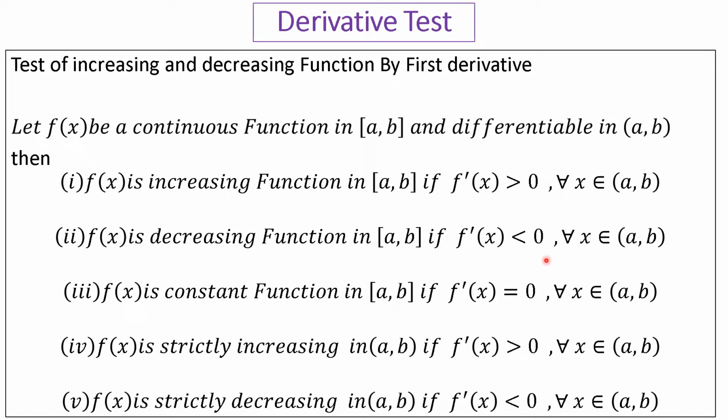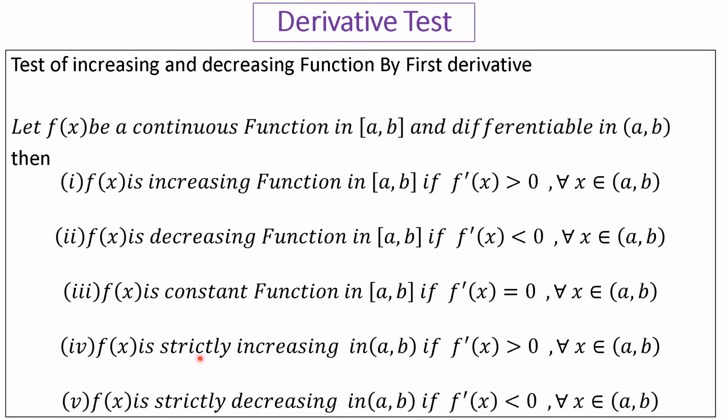If f dash of x is less than 0, it means the slope of the tangent line must be negative, isn't it? Next, f of x is a constant function in the closed interval [a, b] if f dash of x is equal to 0 for all x belongs to the open interval (a, b).